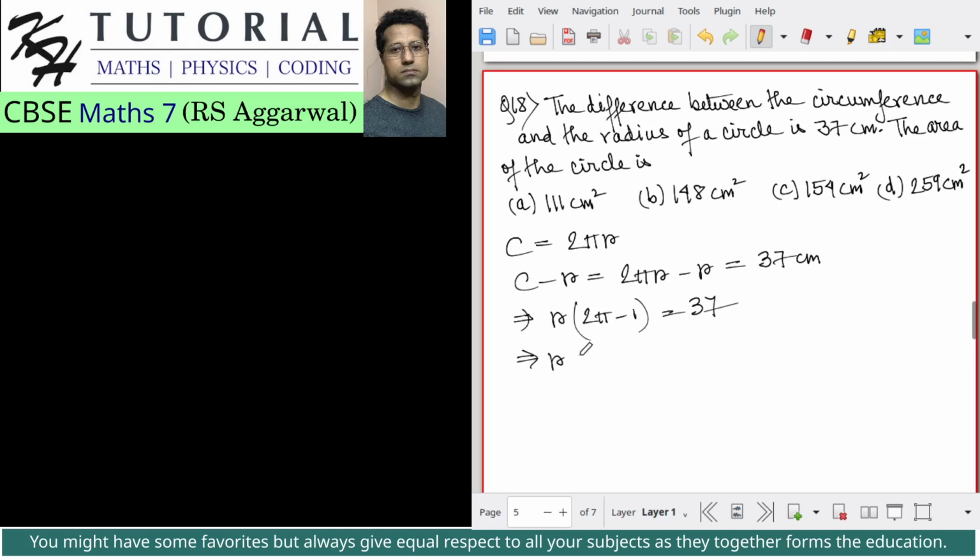So this is r, 2 into pi is 2 into 22 by 7 minus 1. This is equal to 37. Now remember, the problem is asking the area of the circle. Okay, the area of the circle will be pi r square.